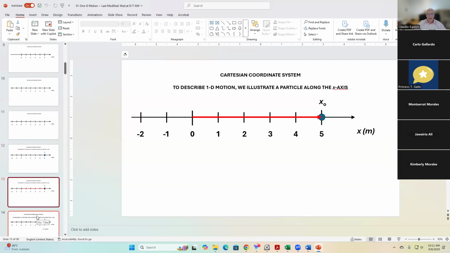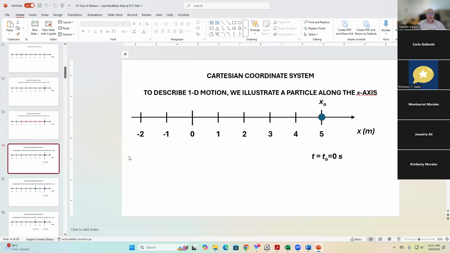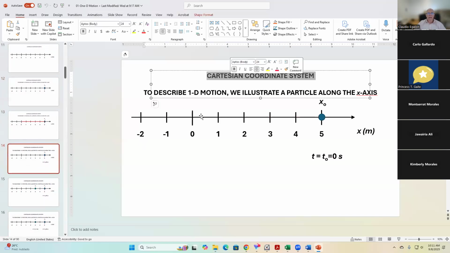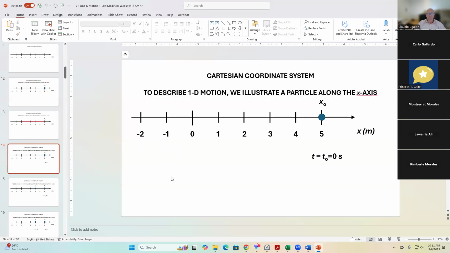To describe one-dimensional motion, for instance, we illustrate a particle along the x-axis. And let's say at time t equal to 0, the position of the particle is 5 meters from the origin.